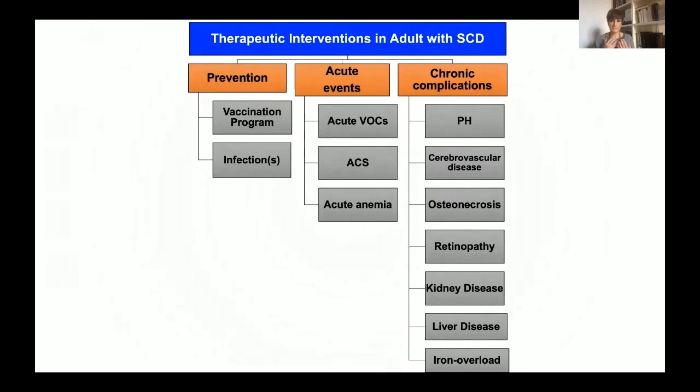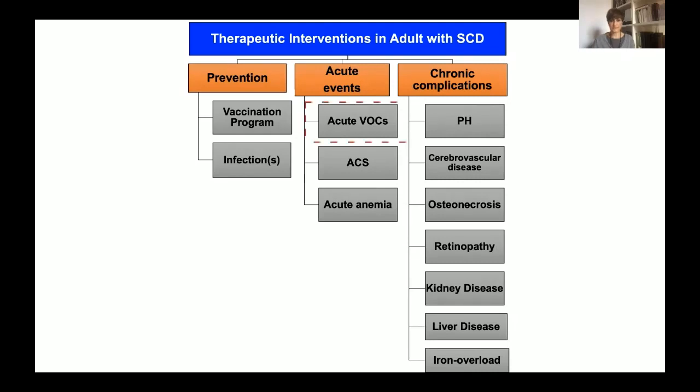And of course, prevention also means vaccination programs, for example, for pneumococcus or influenza virus, and by now COVID-19 infection. And of course, intensive and early treatment of infections like urinary tract infection and infection of the teeth, which may accelerate the appearance of pain crisis.